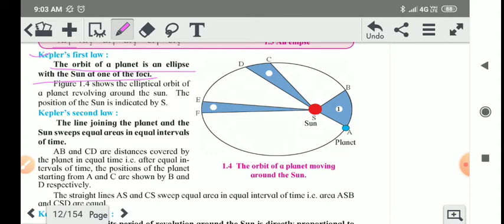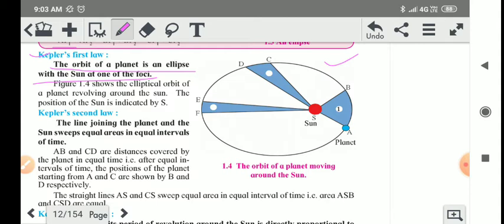So every planet revolves around the sun in an orbit, and that orbit is ellipse-shaped, as we see in the ellipse above. It is not completely a circle, it is slightly different from a circle.